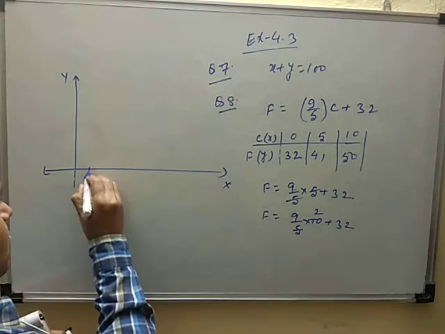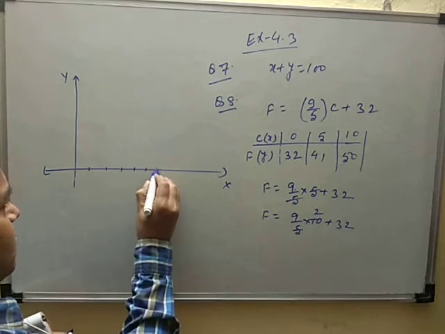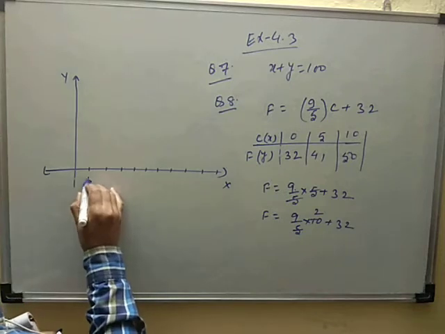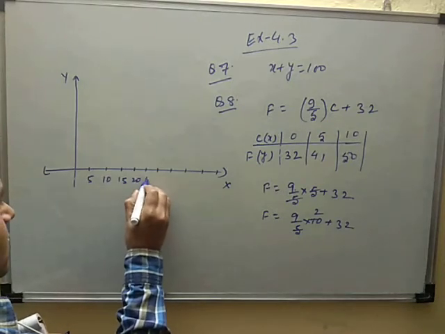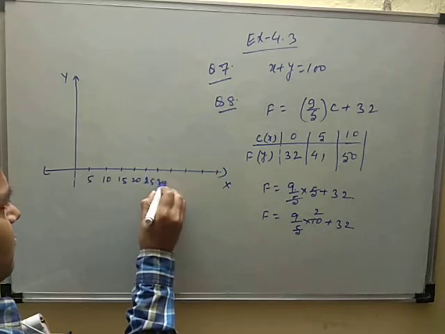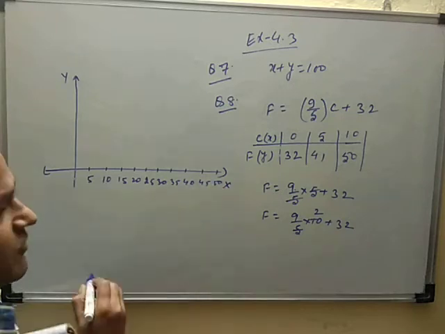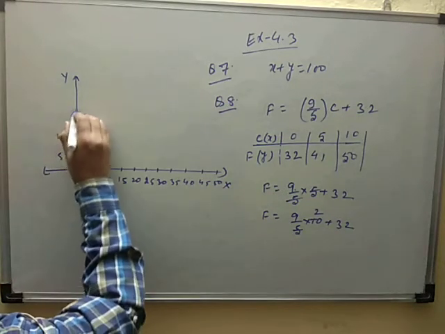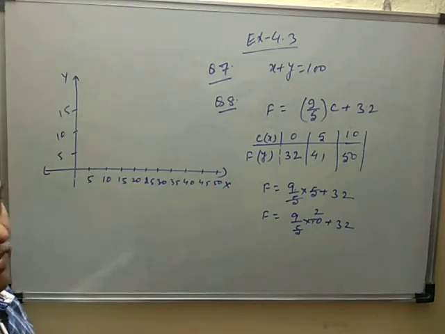That is 5, 10, 15, 20, 25, 30, 35, 40, 45, 50. Here also suppose 5, 10, 15, and take any point.